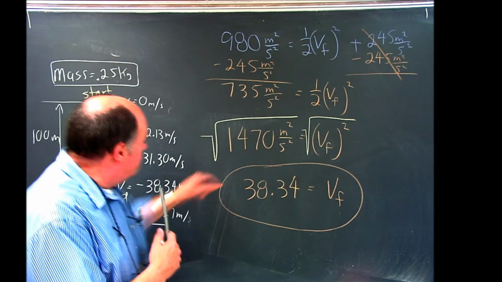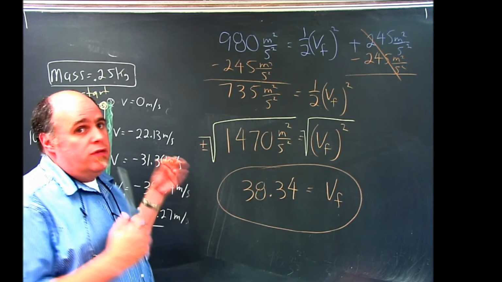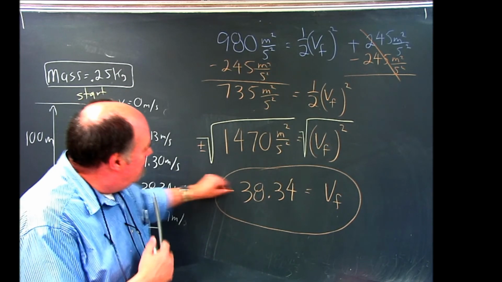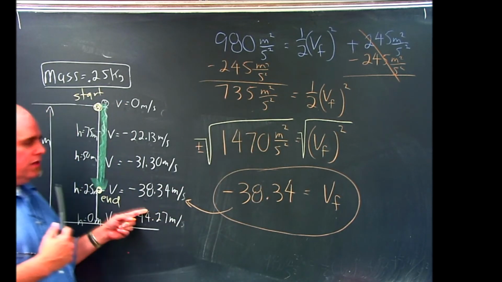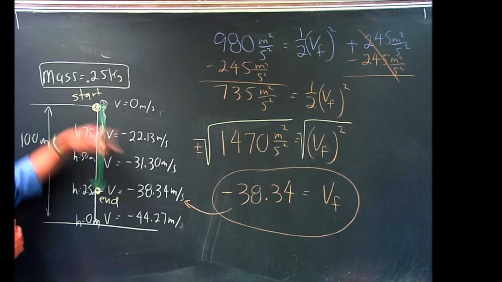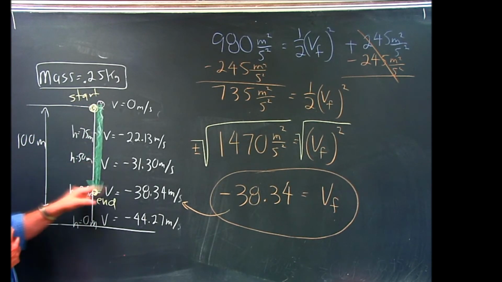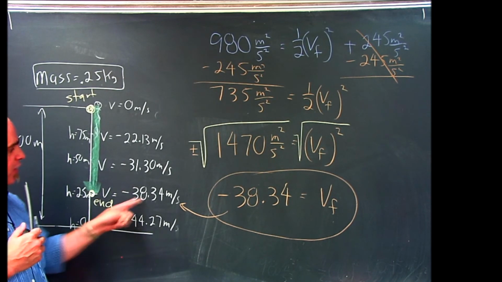So if you notice over here, when you take a square root, you have a plus or a minus sign in front of it. So that happens by itself. So we could technically say that this would be a minus number. But this value is exactly the same as what we calculated when we just talked about dropping the ball and looking at it every 25 meter increments. So we had said when it fell down 75 meters before, we said the speed would be 38.34.